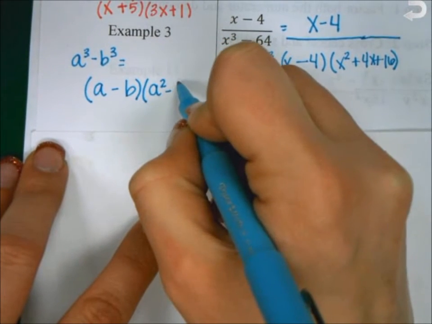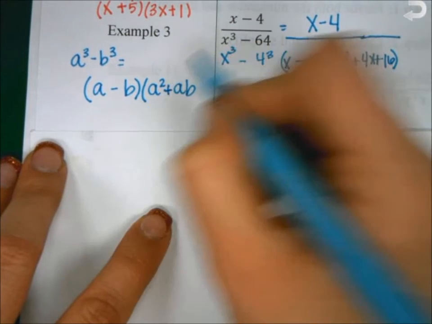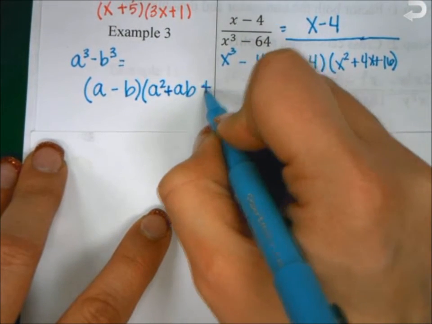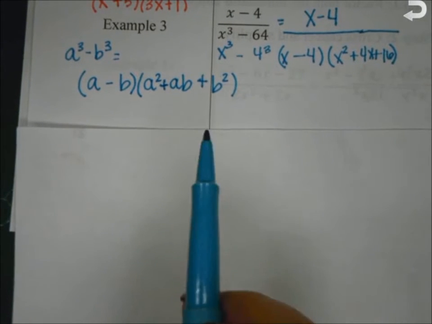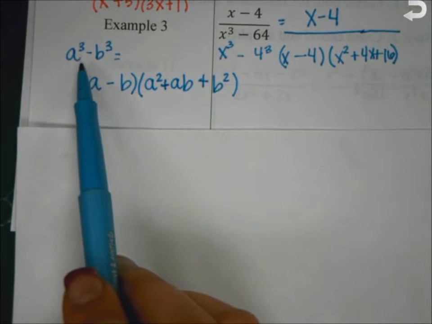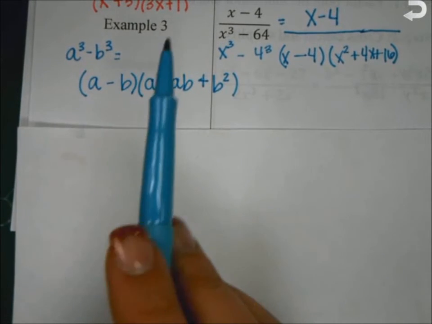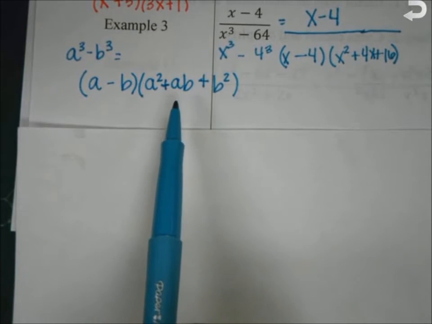Oh, sorry, A squared plus AB, always positive, B squared. And then the signs change depending on if your original was plus or minus. Remember, you get your signs by SOAP. So same, opposite, always positive. Okay, good question.